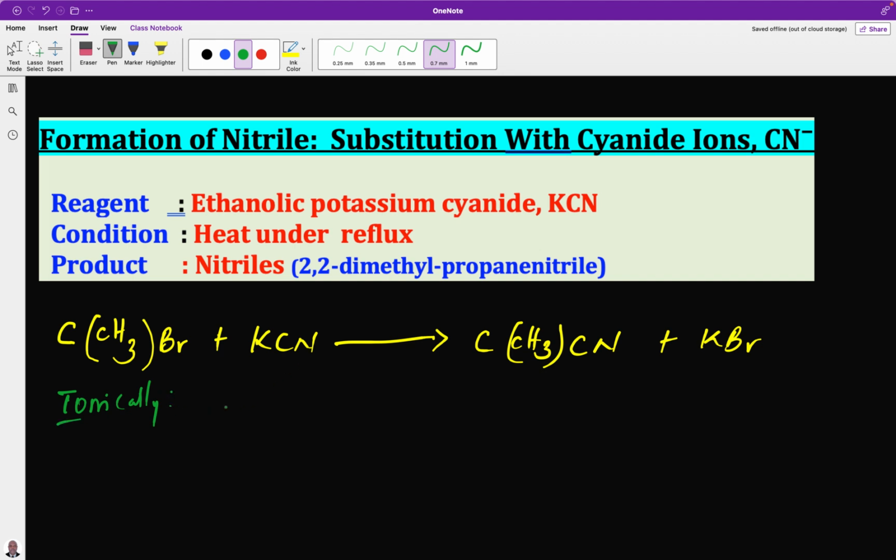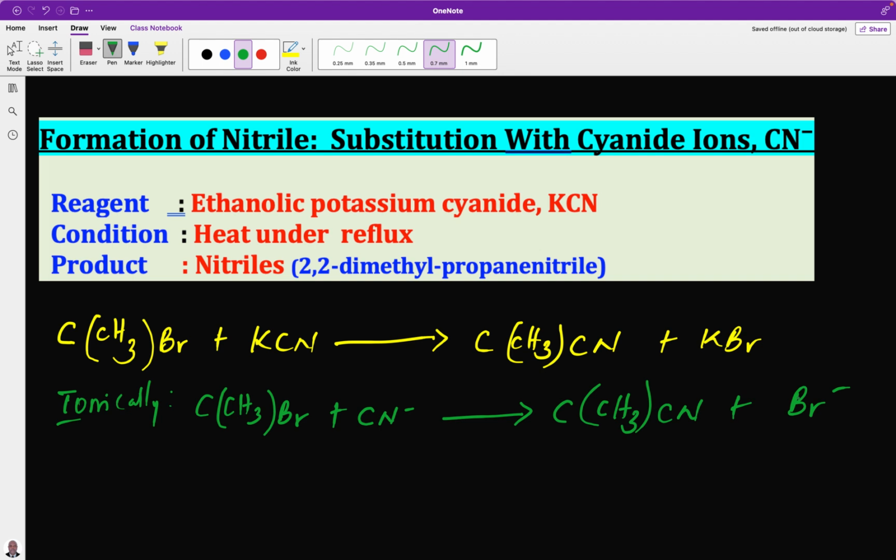We have 2-bromo-2-methyl propane, plus, in solution, the potassium cyanide would dissociate to give a cyanide ion, and the cyanide ion attaches itself here, and the bromide ion will be left.